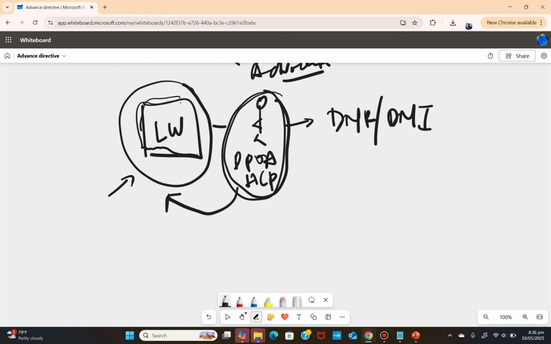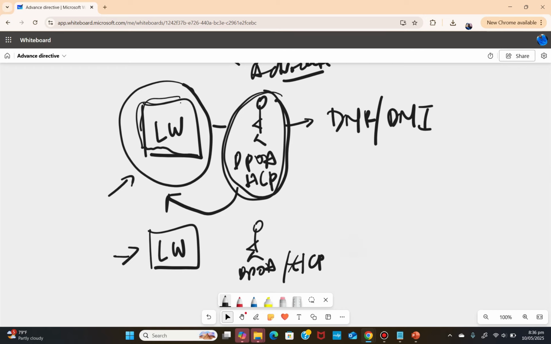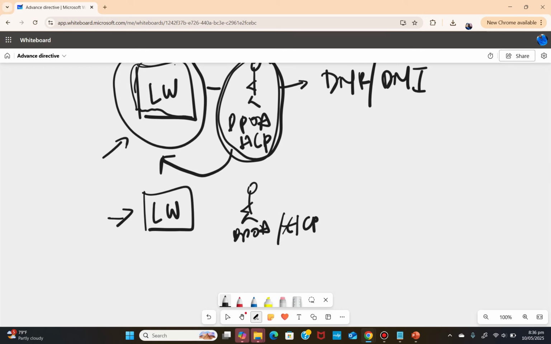If there are some clients that are going to just have the living will. Now, let me just expose you to a real life scenario. There are some clients that we just have the living will, and there are some clients that we have both the living will and their durable power of attorney or healthcare proxy. Right? They can have both. Now, this is the problem.